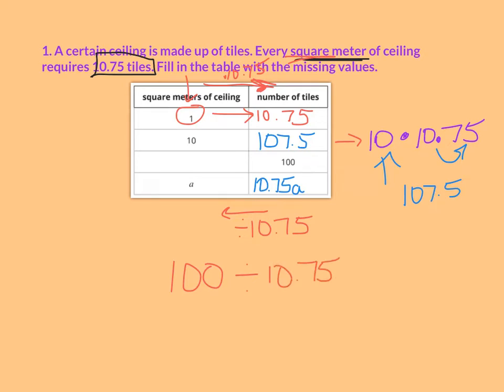Now, when we start with the 100, we're not counting zeros or counting places, because that's not what we're dividing by. So this one, quite honestly, I'd say pull out your calculator to get the answer here of 100 divided by 10.75, and you should get an answer of 9.3. So there we go. Our chart is filled.